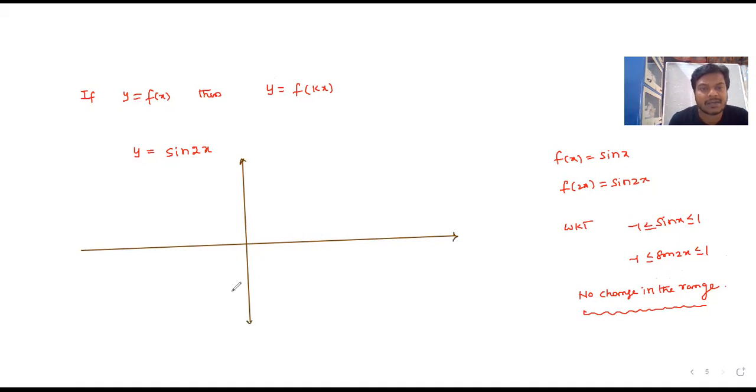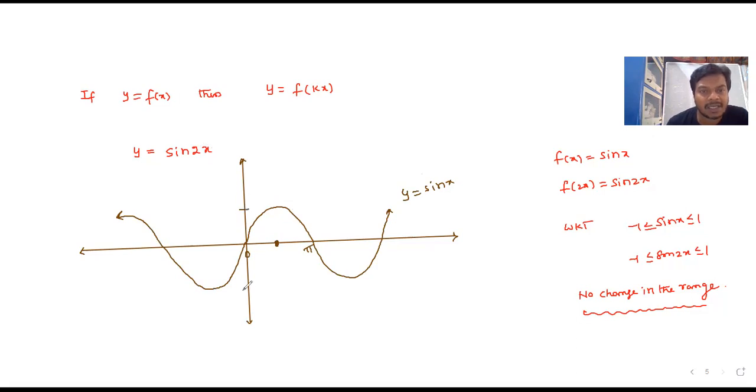X-axis and y-axis are drawn. We know that the sine x graph exists like this. This is y equal to sine x, value 0, pi. When you have 2x, by substituting x equal to pi by 2, we get 0.